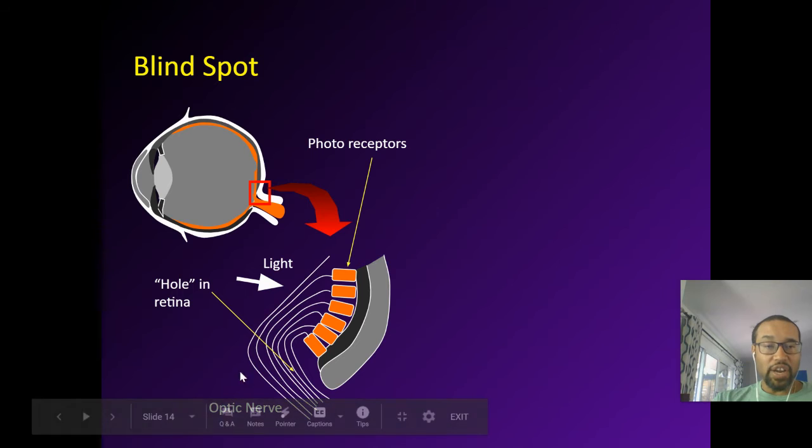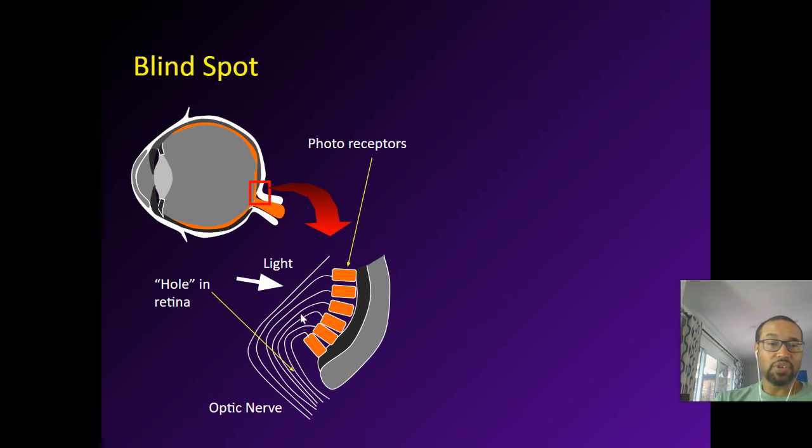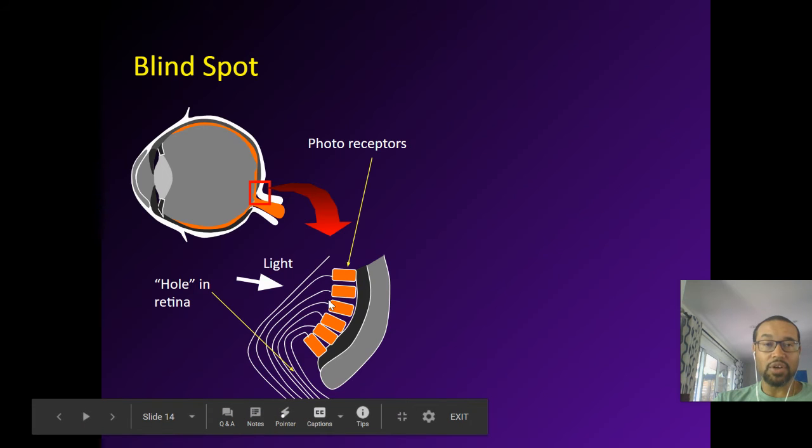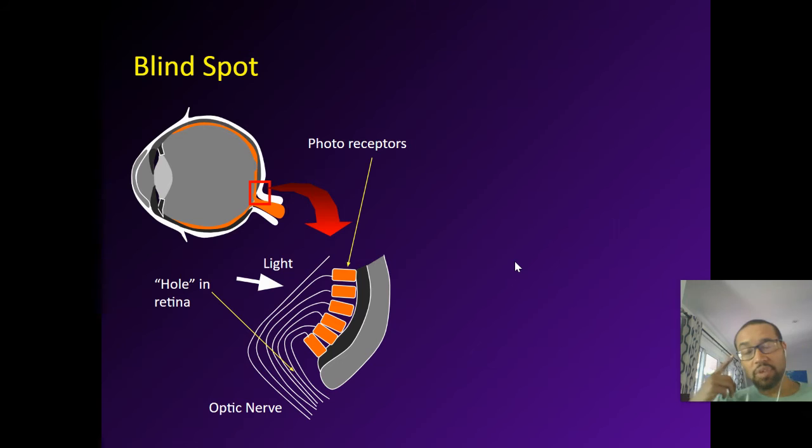So, in that spot right here where the optic nerve connects, we've got an issue. Light has to travel through this area, and it can't because the nerves are in front of the retina right here. So, you actually have a little blind spot right where this box is. What your brain does is it fills in the image.